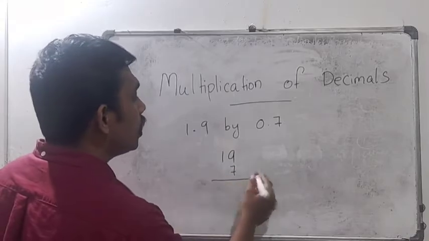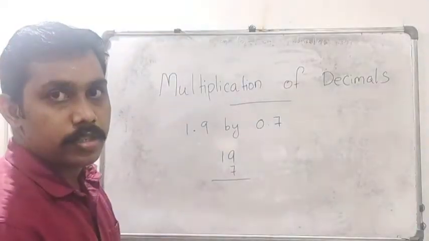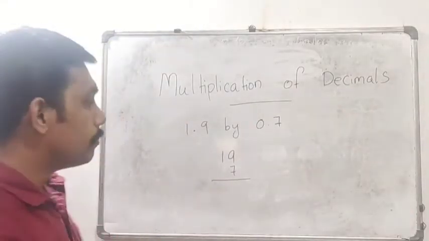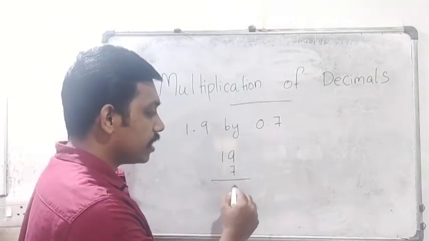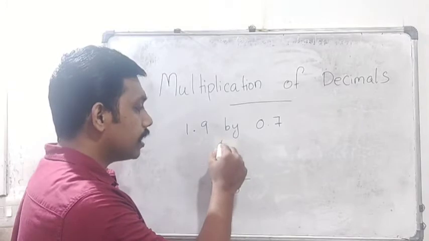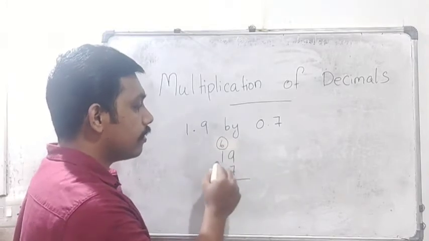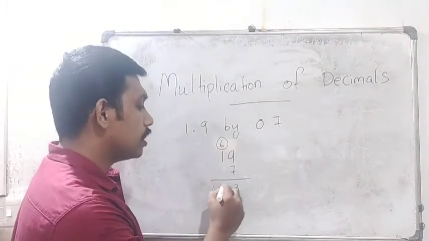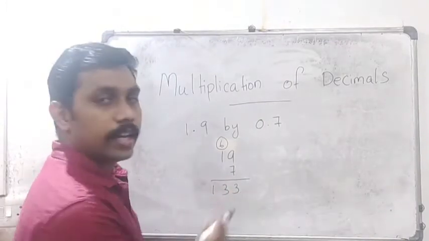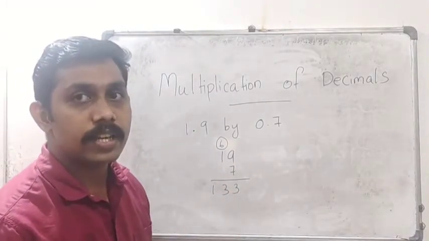There is no need to take the decimal points, so remove the decimal points and then multiply the given numbers. So we get 9 sevens are 63, 7 ones are 7 plus 6, what is it? Yes, 13. 133. So 133 is the answer.